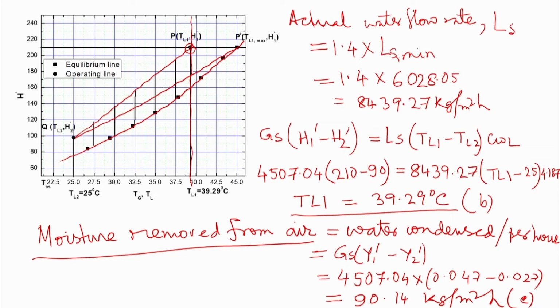Now, we need to find the height of the dehumidification tower. So, we will get NTOG and HTOG, and then multiply NTOG and HTOG. For that, we need the area under this curve.